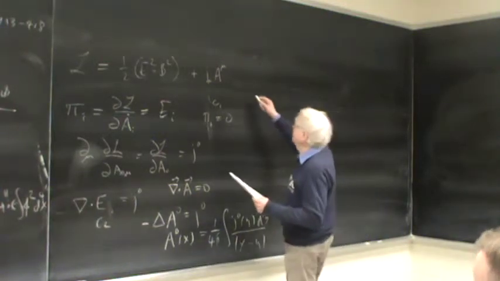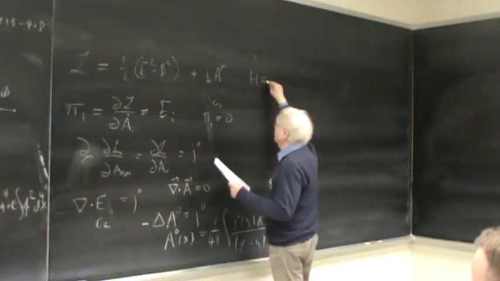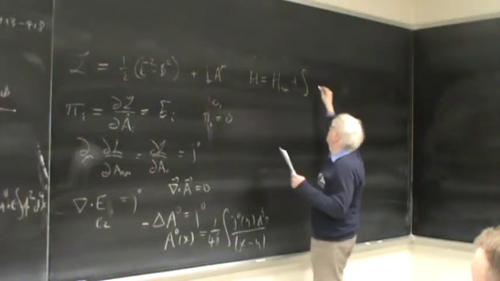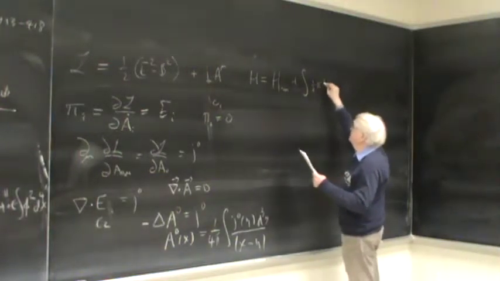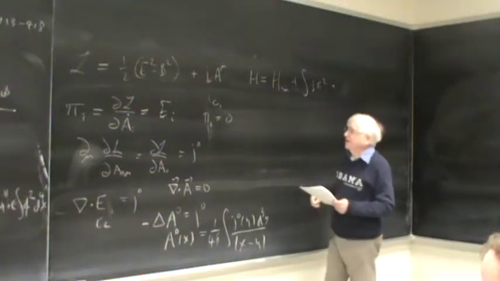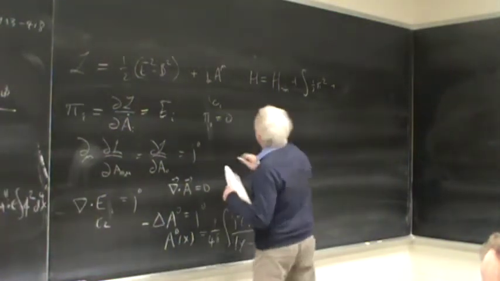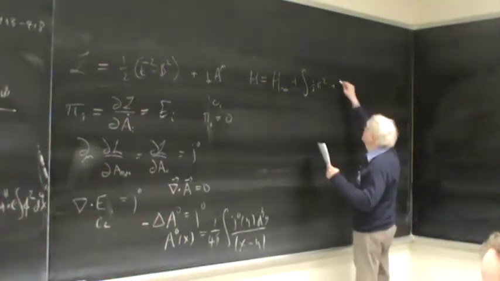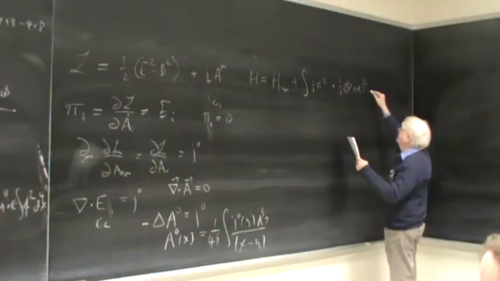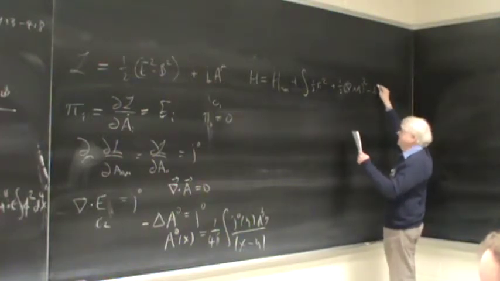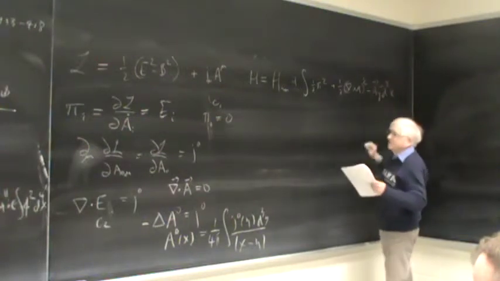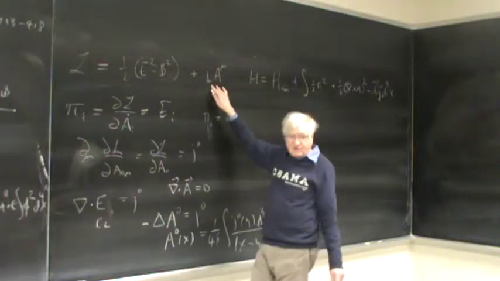And then we find that the Hamiltonian is the matter Hamiltonian plus an integral, and of course it's a half π squared, and then minus L essentially. And minus L means we have B squared, which is a half curl of A squared, and then minus A dot J d³x. So A dot J is the 3-vector part of that.